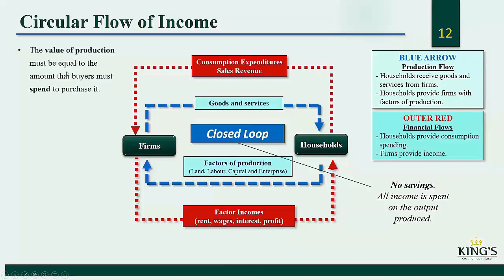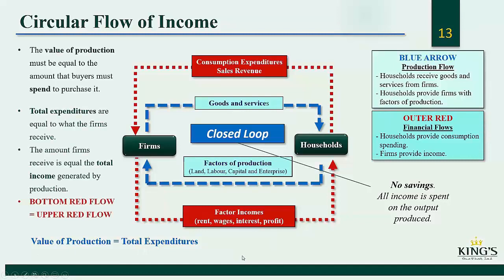And so the value of production here must be equal to the amount that buyers must spend to purchase it, right? Because they can't save or anything. All income is spent on the output produced. So clearly we can see the first part of that identity, that the value of production is equal to total expenditures. Now also total expenditures, so that's this red arrow here, is equal to what the firms receive, okay?